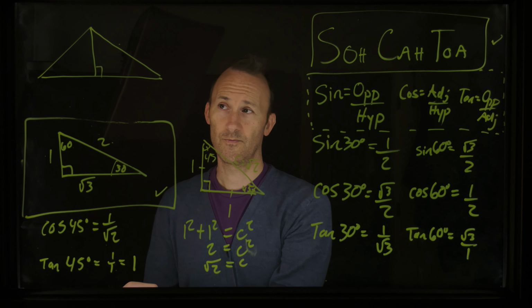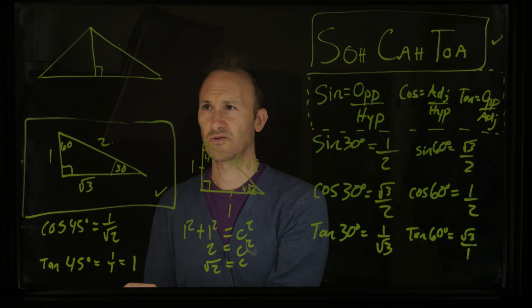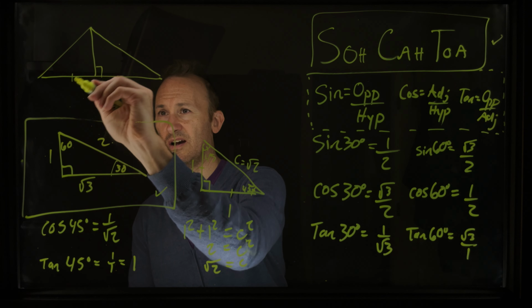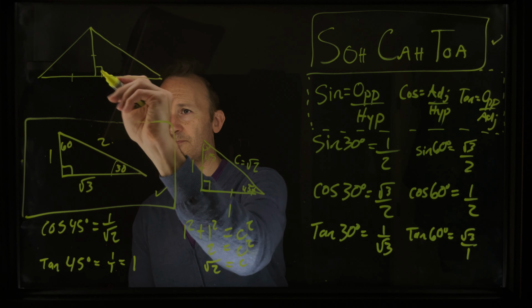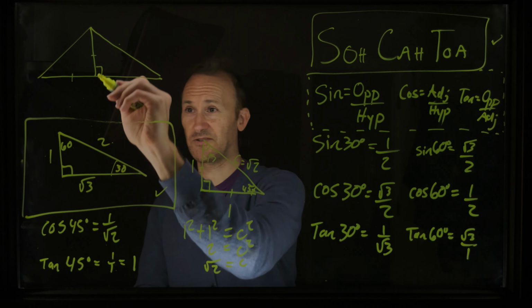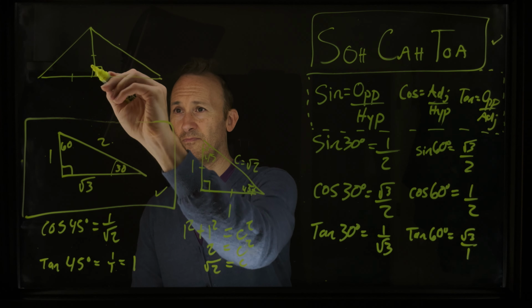And now, what might you know about this triangle? Well, let's say that these are both 45. Okay. So you've got, right, so this is a straight line, so there's also a right triangle.